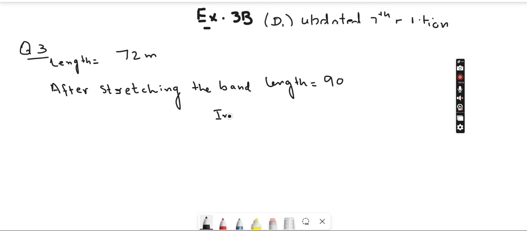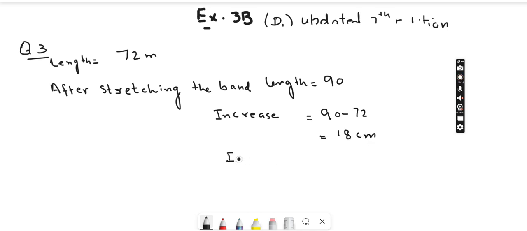First you will calculate what increase is there. You will simply subtract 90 minus 72. We'll do the subtraction. It is 18 centimeters.